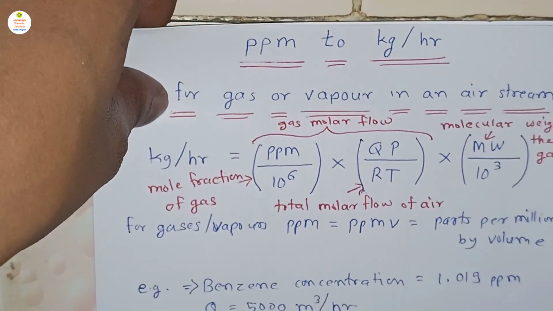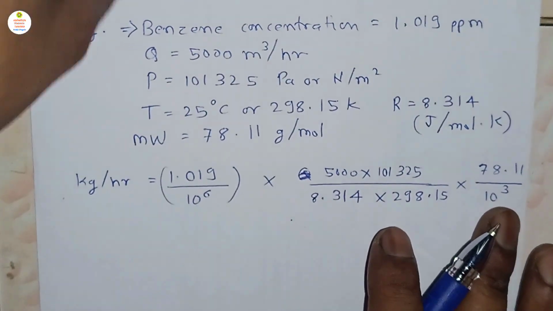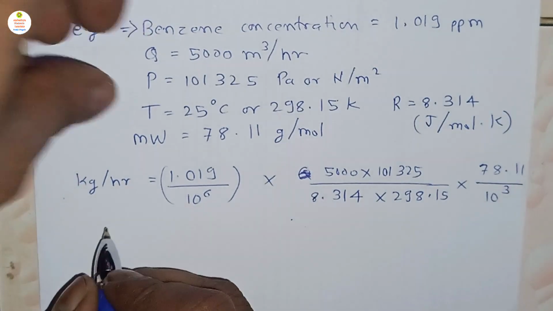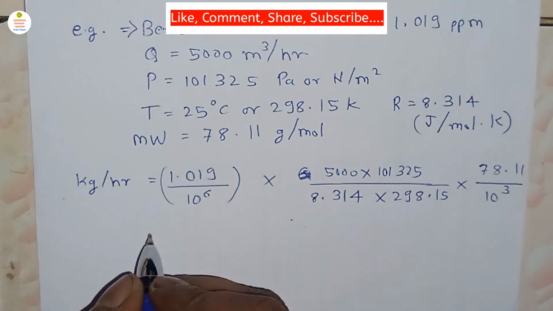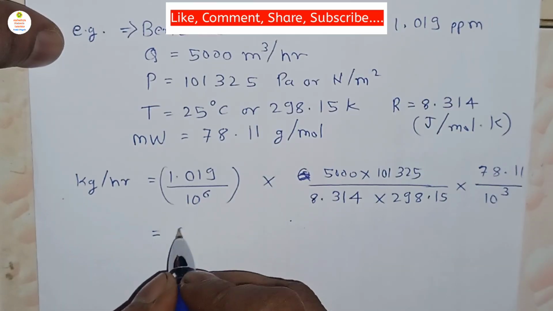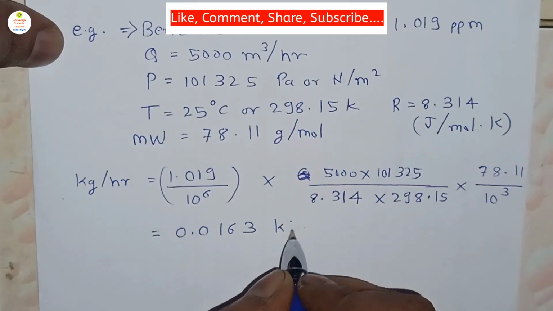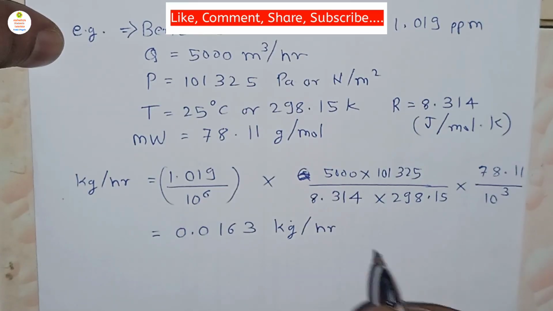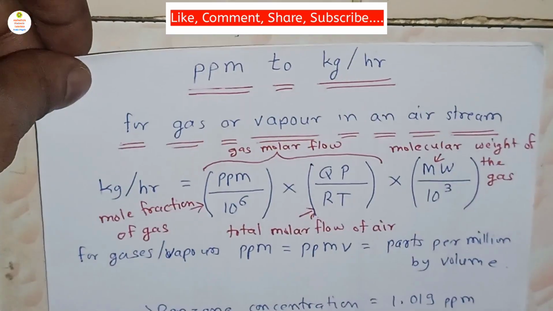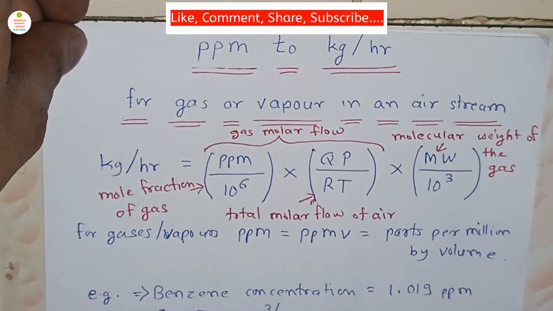So now, after calculating in the calculator, we will get the value equal to 0.0163 kg per hour. Okay, so students, in this video we have understood how to convert ppm to kg per hour for gas or vapor in an airstream.